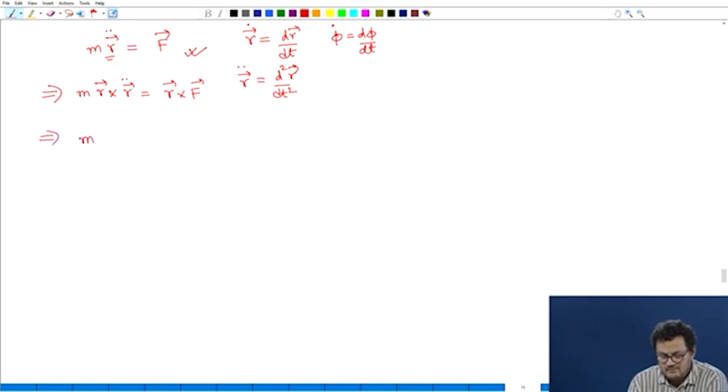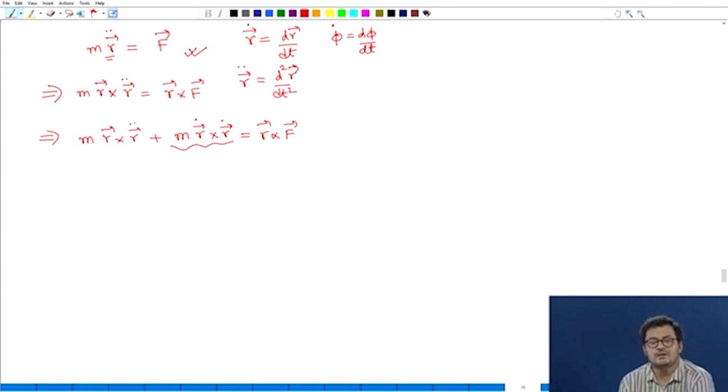Then you can write this as m r cross r double dot plus something which is actually 0. So, you can always add a 0. You can write m r dot cross r dot, and this equals r cross f. This is actually 0 because the cross product of the same vector with itself is always 0.